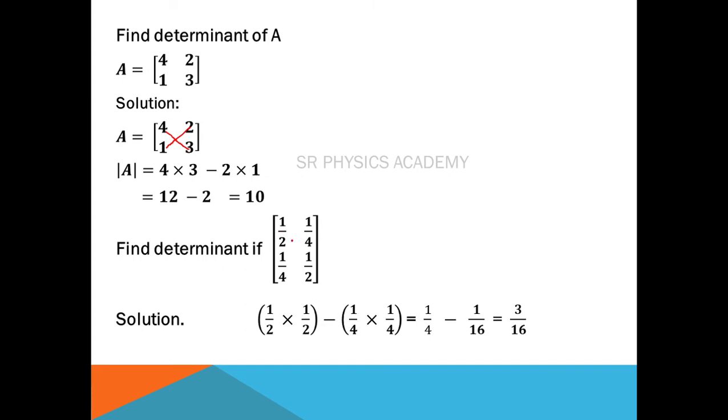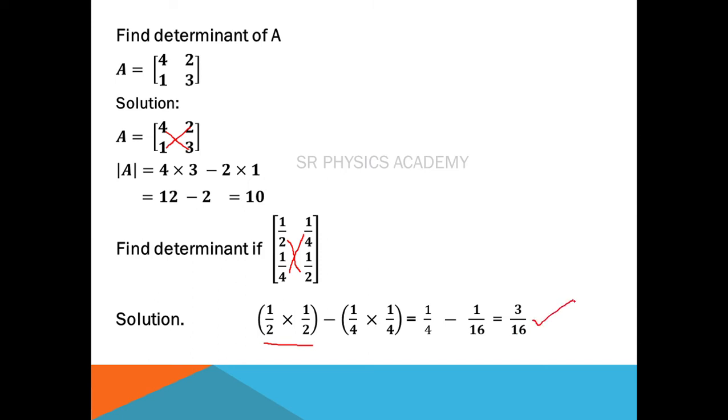So 1 by 2 into 1 by 2 gives 1 by 4, minus 1 by 4 into 1 by 4. The denominators are 4 into 4, so we get 1 by 16. After taking the LCM we get 3 by 16.